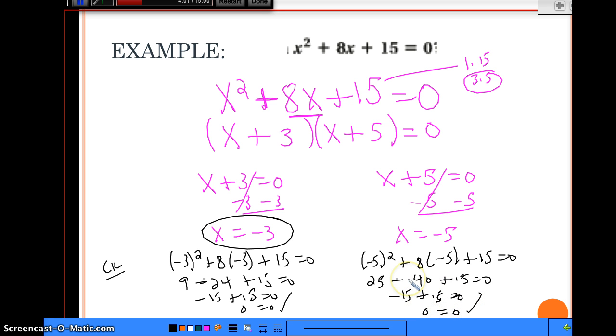So that actually checks. So we know negative 5 and negative 3 are roots of the answer. If you ever graphed it, which you don't have to, but don't forget, negative 3 would be here, negative 5 would be here. It's a leading coefficient of 1, so the parabola would look something like this. I don't know where the vertex hits, but we're not going to worry about it because we're not graphing.